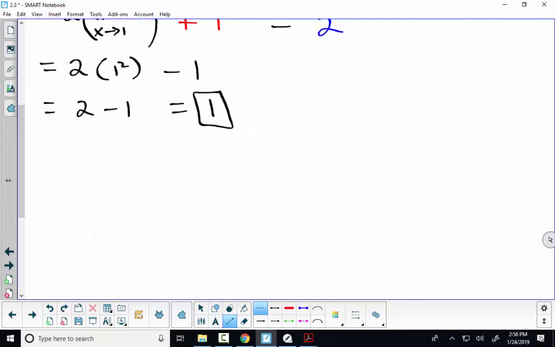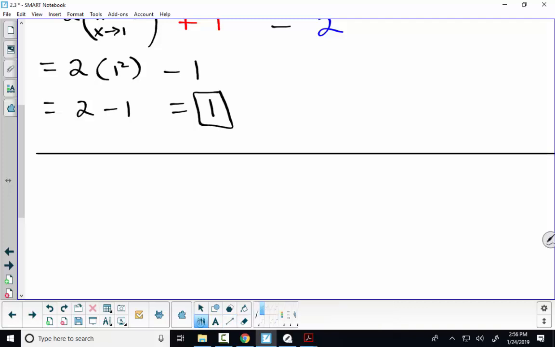So let's state that as well. Let's specify that we're talking about a limit.